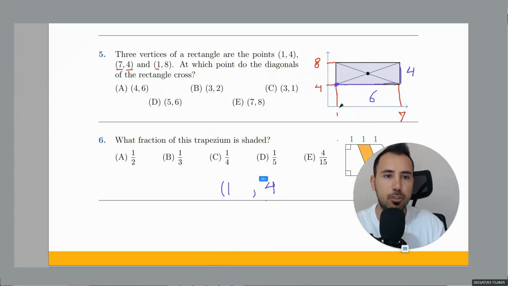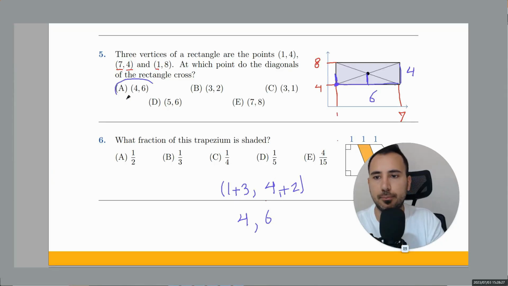From x equals 1, we have to go half of this 6, so it would be plus 3. From this 4, we need to go up 2, so it would be plus 2. So the point will be (4, 6), which would be A. Okay, good.